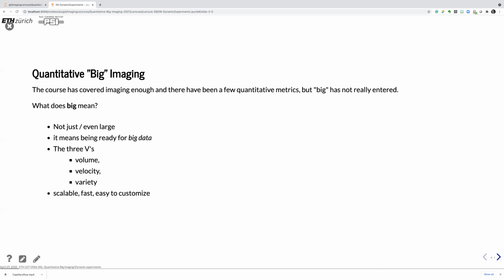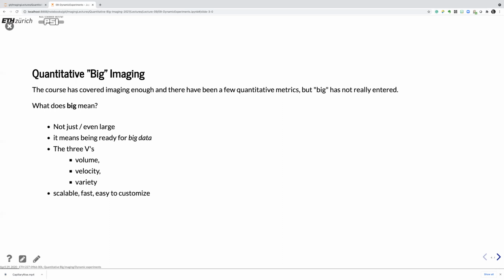An important thing is that we have three V's: the volume, how much, and how big each is. Then we have the velocity. So when we do dynamic experiments, something is moving. And another thing is, usually we want statistics, so we also need some degree of variety in the data.